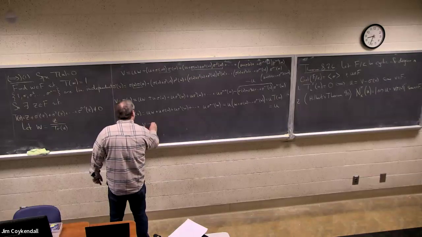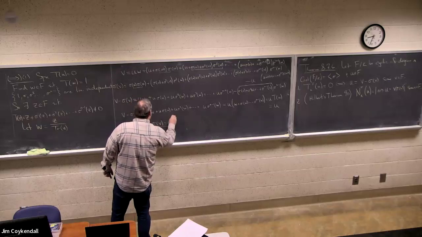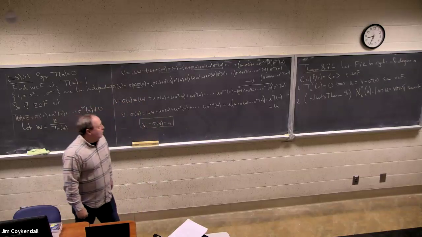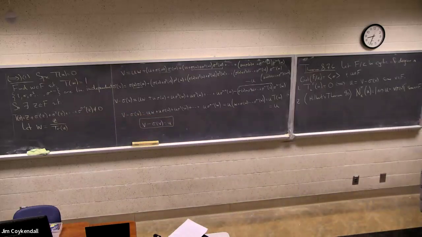So B minus sigma B is equal to U. And we have our desired result. Okay.